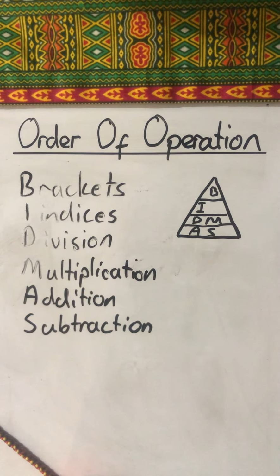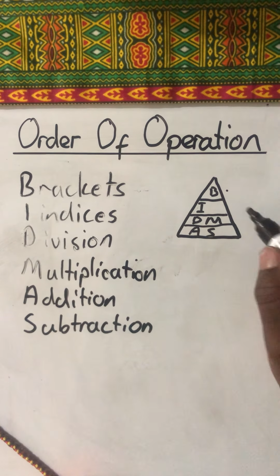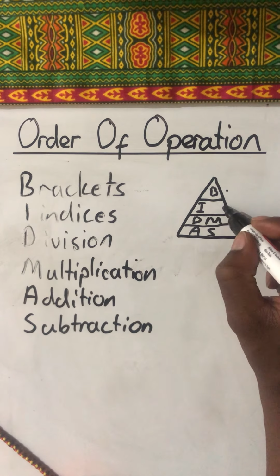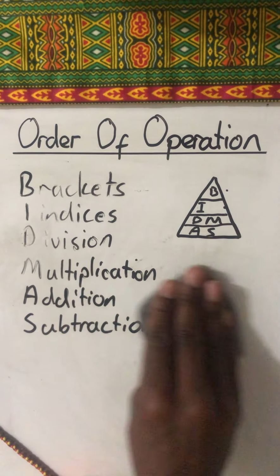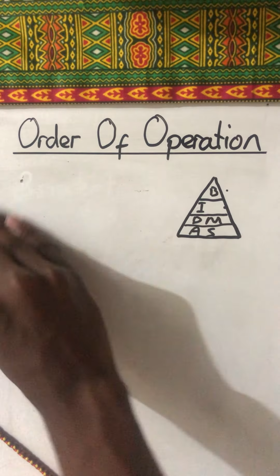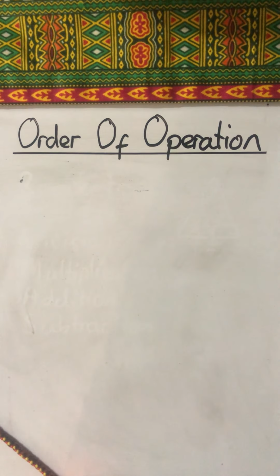So earlier I said brackets is what we solve first. Then we need to move on to indices. Let's talk about indices for a second, just a refresher on what indices are.